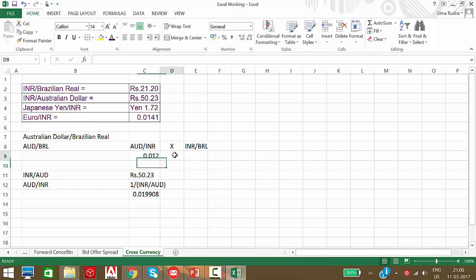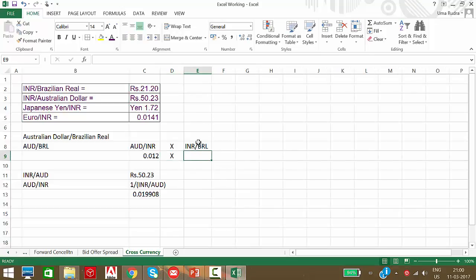Now this is to be multiplied with INR per unit of BRL. I'm not putting a formula here, it is just for our clear understanding. I already have Indian rupee per unit of Brazilian real, so nothing needs to be done; I can straight away put 21.20.